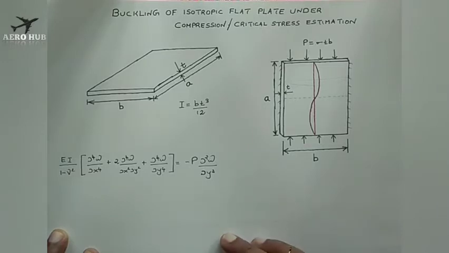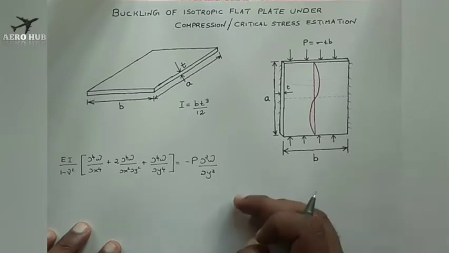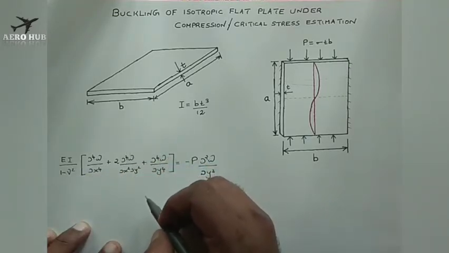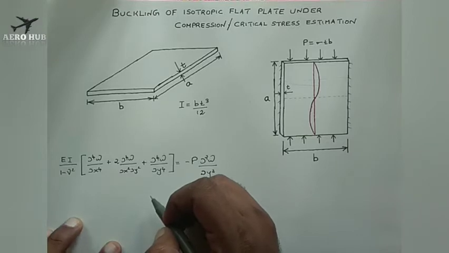Now, to derive the equations for critical stress, I need the equation of equilibrium and the deflection curve of the thin plate. This is the equation of equilibrium for a thin plate, and it is derived from Kirchhoff's classical plate theory.